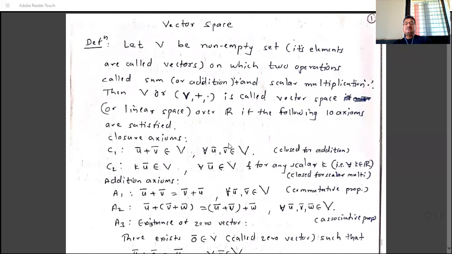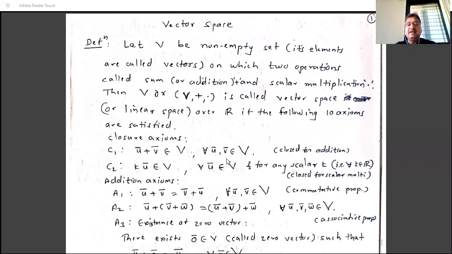It is not a usual vector, that is, the quantity having magnitude and direction. This is not the definition of this vector. Vector means just the element of a vector space. So this bar is not compulsory. We can use a bar or arrow at the top, or without it we can write just U, V and W as the elements of V.